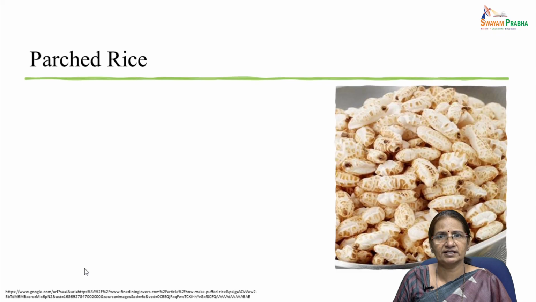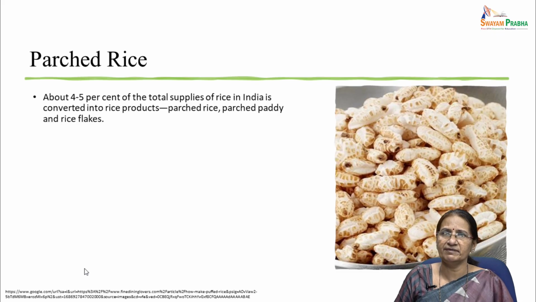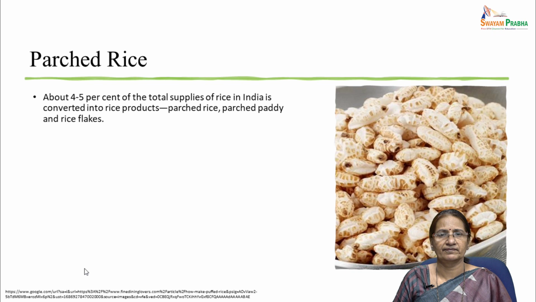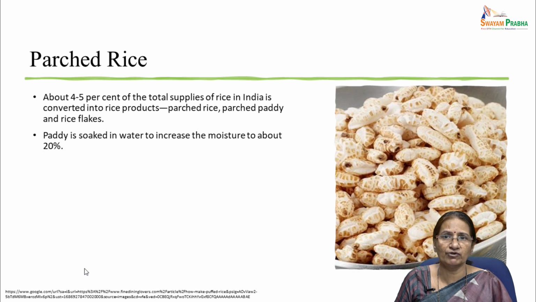Now, parched rice. About 4 to 5% of the total supplies of rice in India is converted into rice products, namely parched rice, parched paddy, and rice flakes. Paddy is soaked in water to increase the moisture to about 20%.